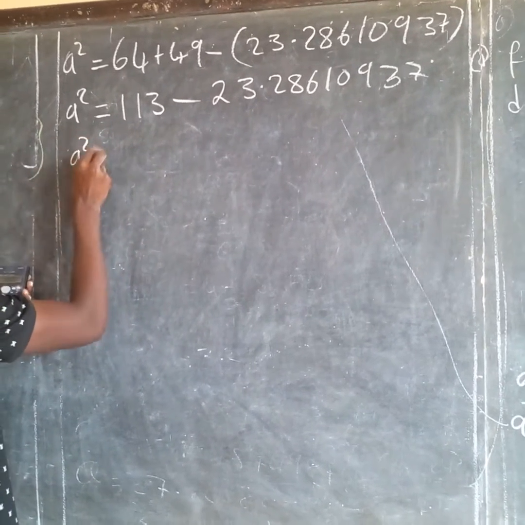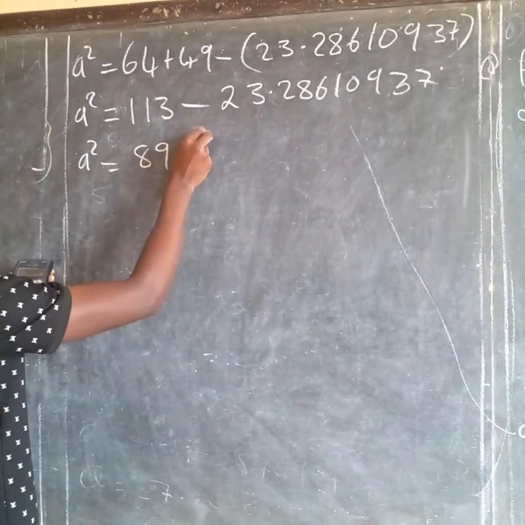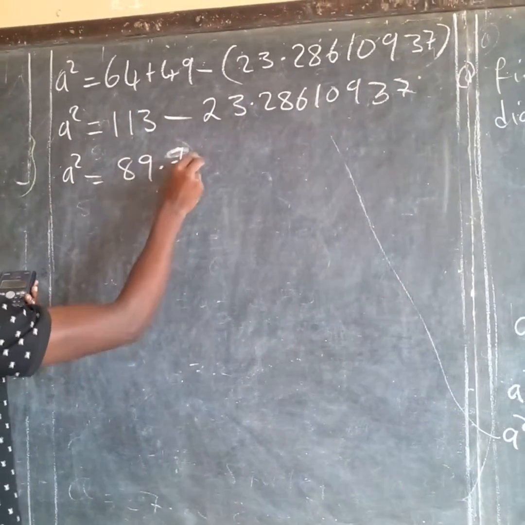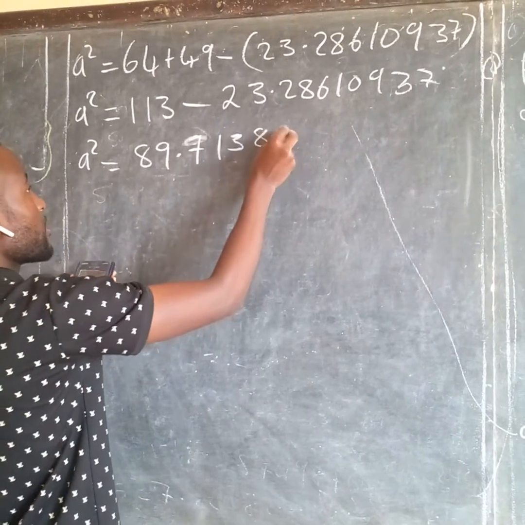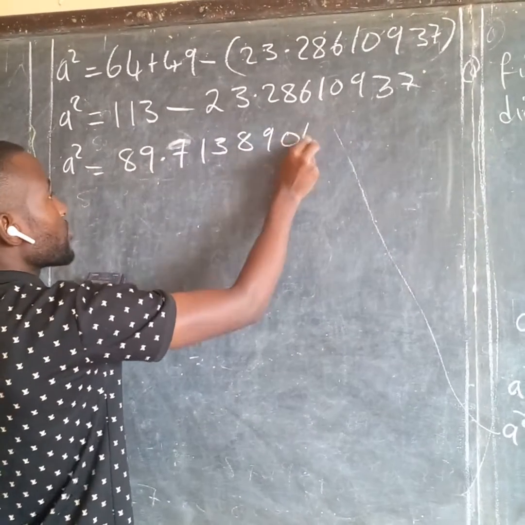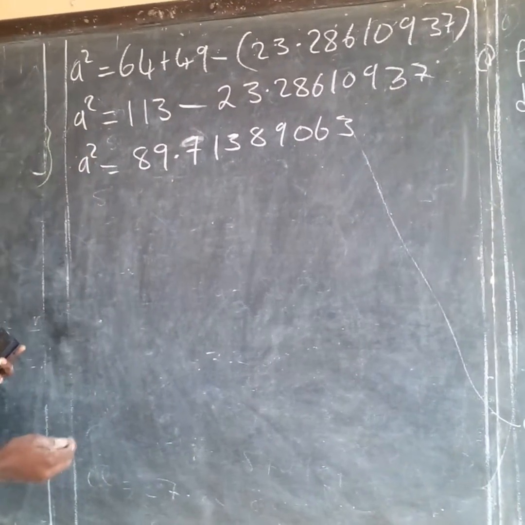So A squared is equal to 89.71389063. So how do I get rid now of the square?